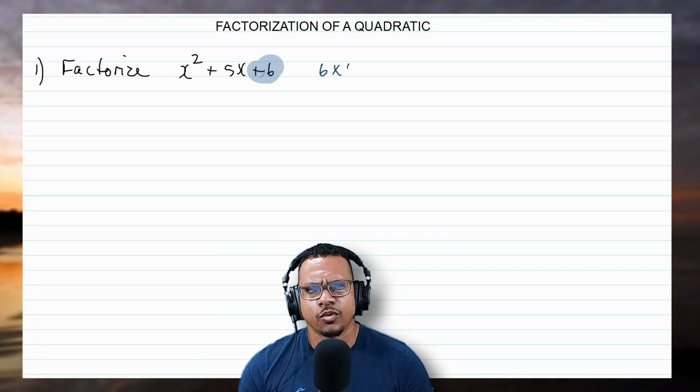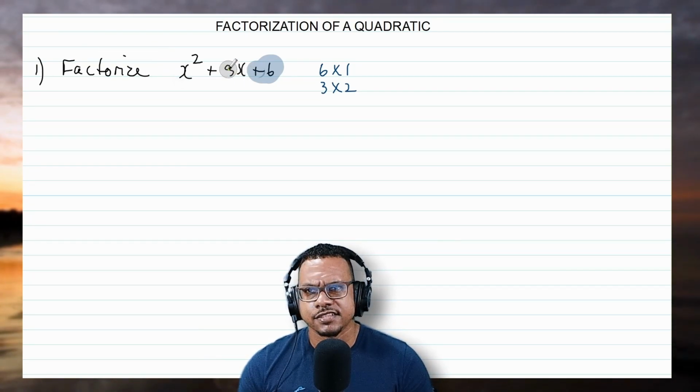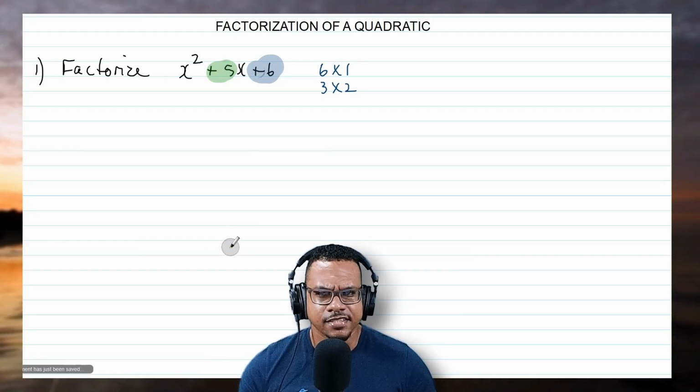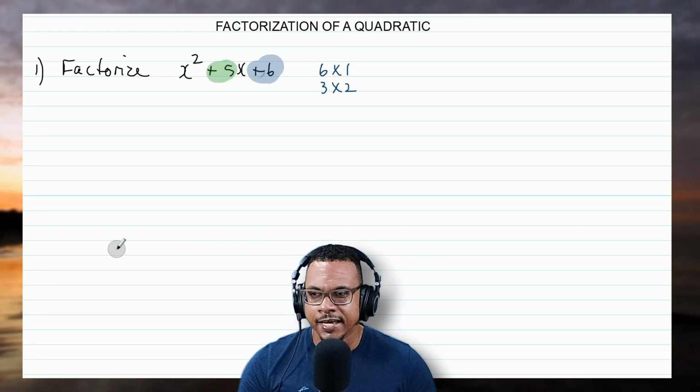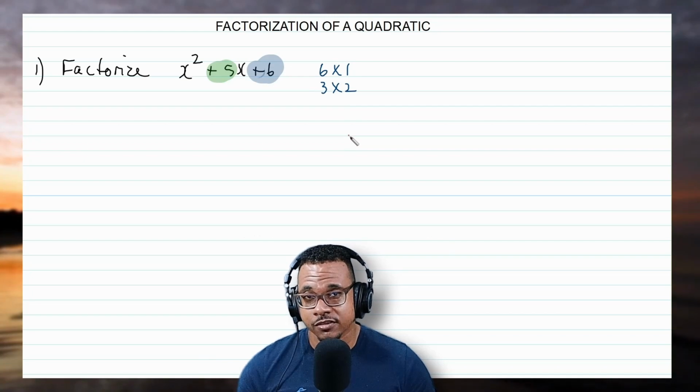That's 6 by 1 and 3 by 2. Okay, and then I'm going to look at this middle term here, positive 5, right? Okay, forget about the x, right? Let's look at positive 5 and ask which one of these factors would give positive 5. Now, actually, both of them could, right?